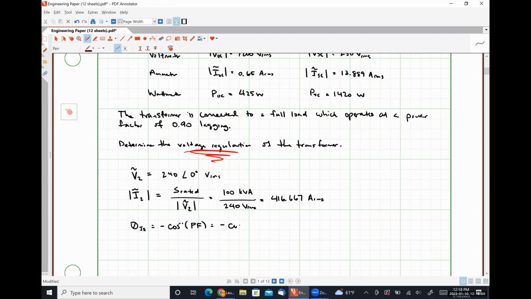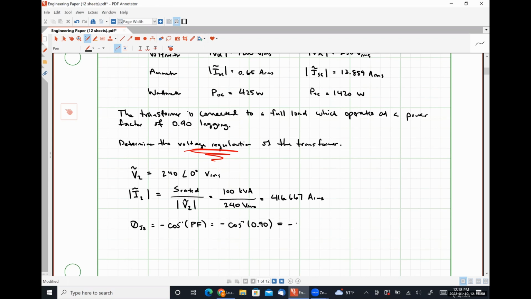So that's negative the inverse cosine of 0.90, and that is going to be equal to negative 25.842 degrees.